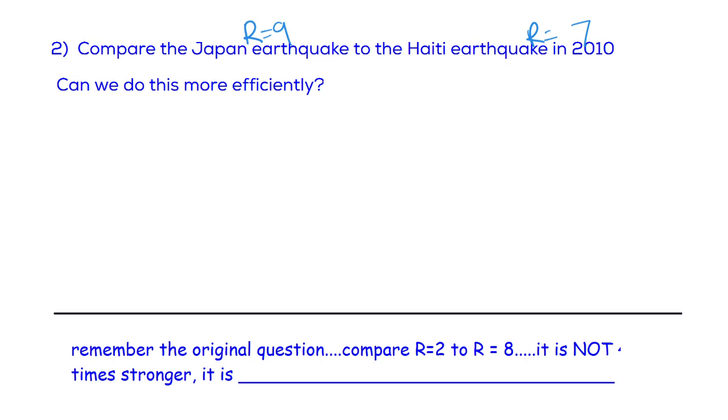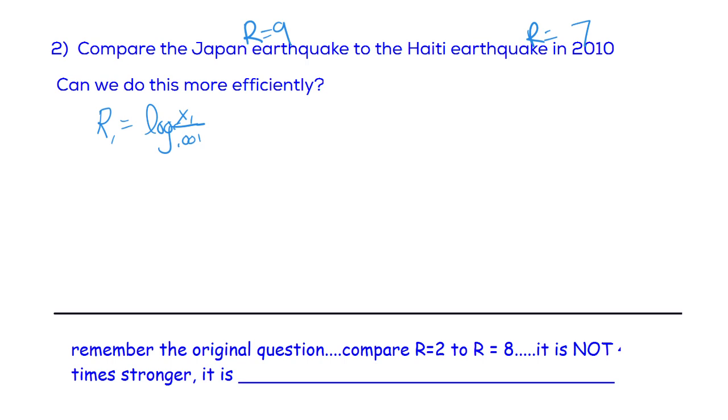But we're going to try this a little bit differently, a little bit more efficiently, because here's what I'd like you to notice. For the first Richter scale number, I had the Richter scale number for the first one equals the log of the intensity over 0.001. Now think about the process in solving this.